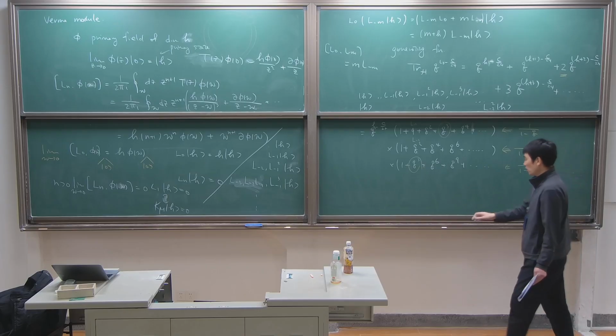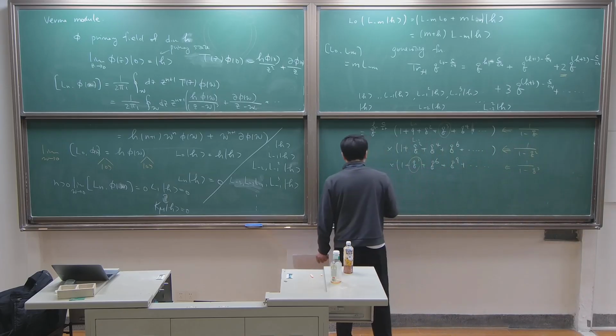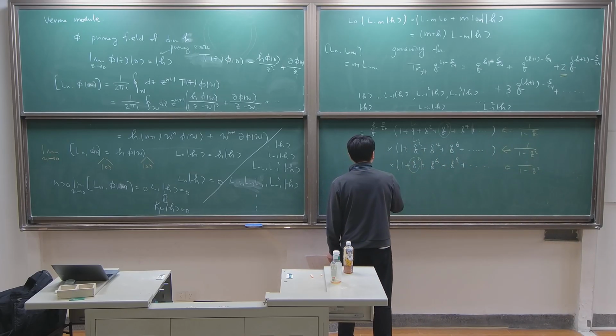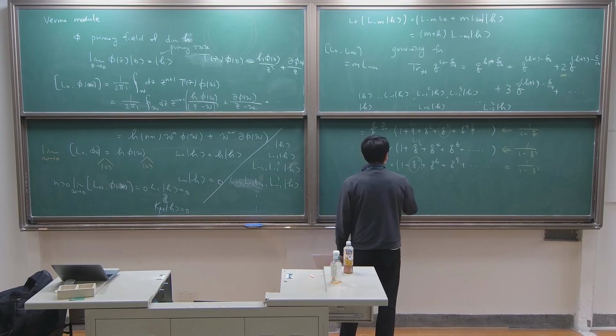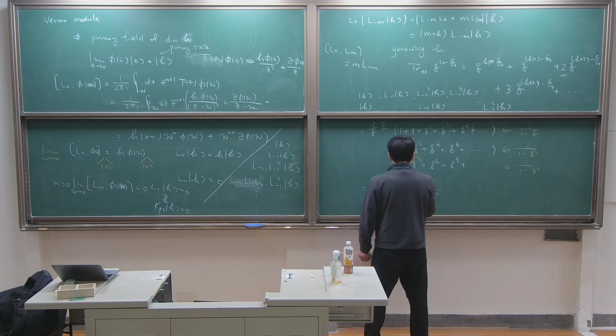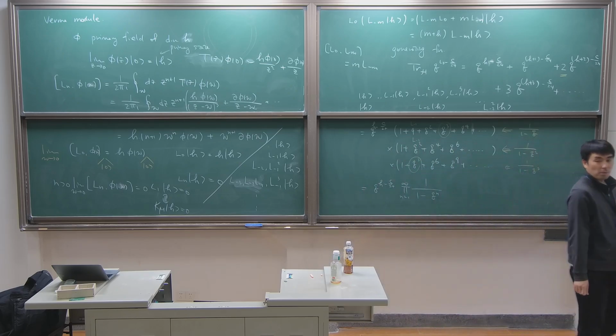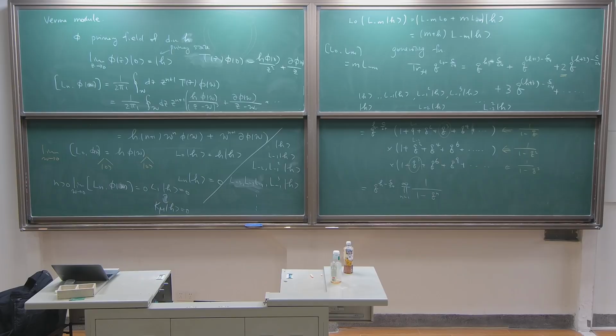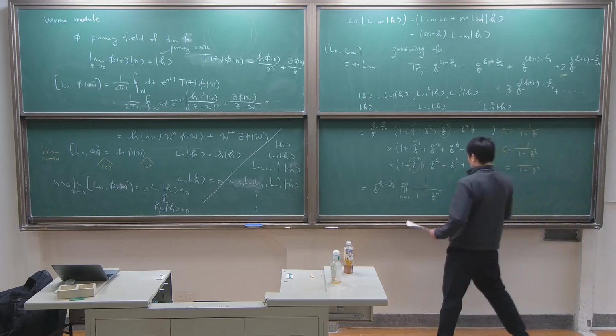So essentially what you need is q to the h minus c over 24 times the product over n of 1 over 1 minus q to the n. That will give you the partition function or generating function, whatever you call it. So that's the case, and this can be written as follows.